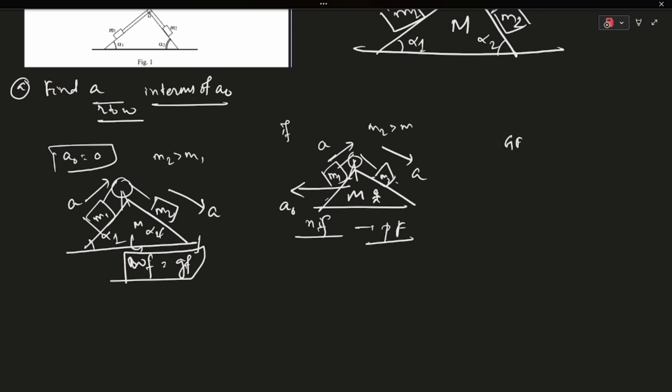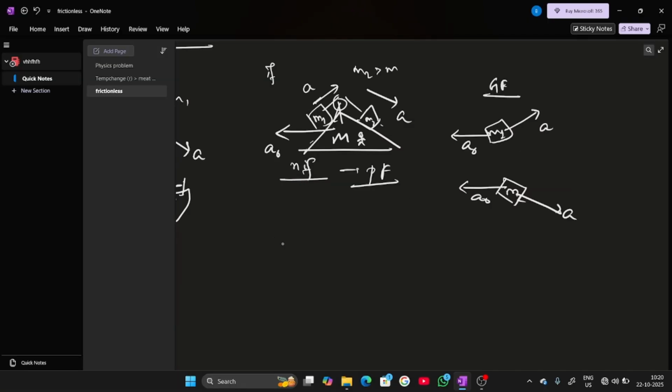But from the ground frame of reference, in this case, M1 has two accelerations. One along the incline up with A, another is A naught towards left. Similarly for M2, acceleration A down the incline, A naught towards left. Here you can see that if I go to the wedge frame of reference, then I will use pseudo force.